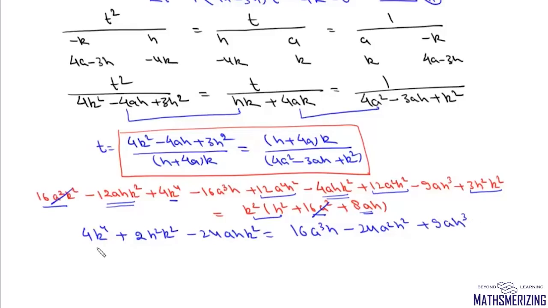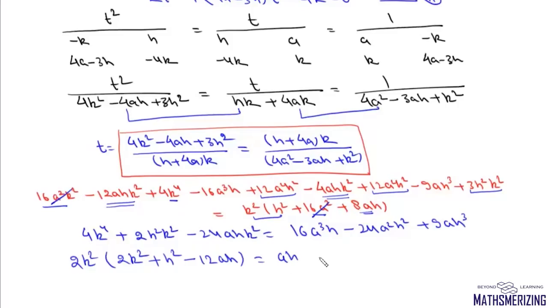Now here what we'll do is we'll take 2k square common. So if we take 2k square common, we'll get 2k square plus h square minus 12ah, and here we'll take ah common.